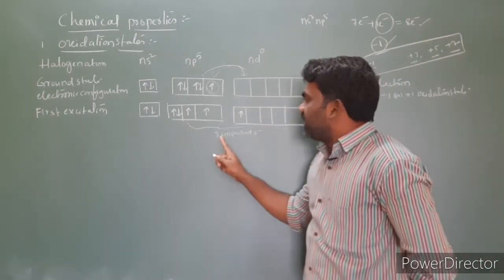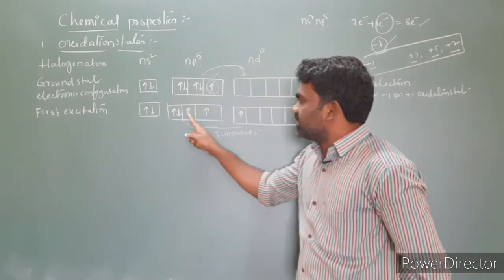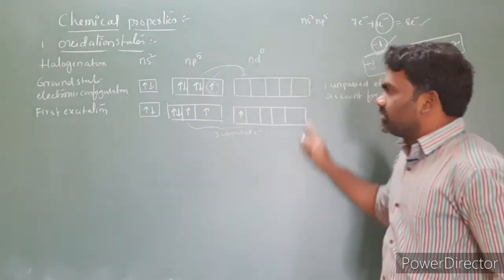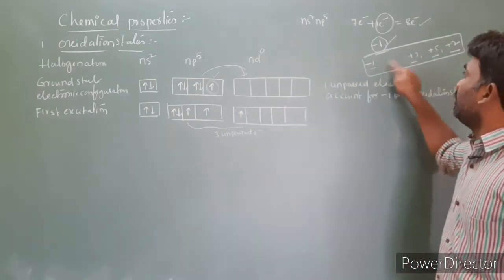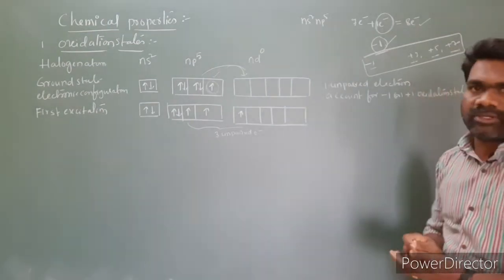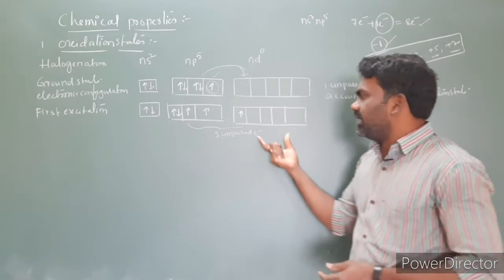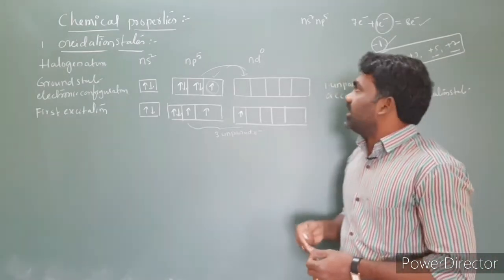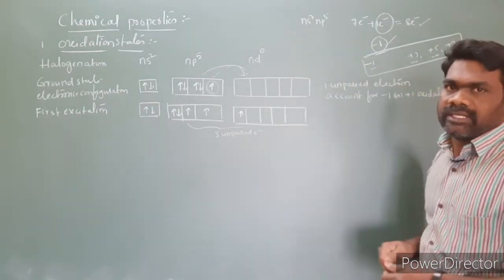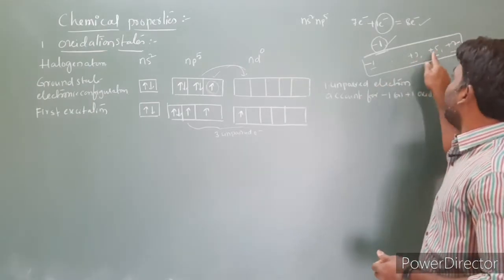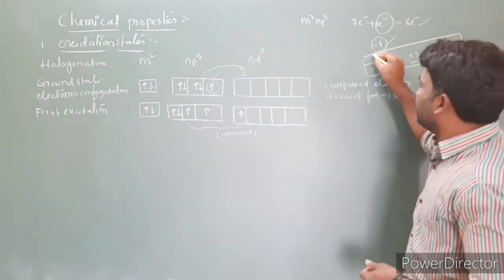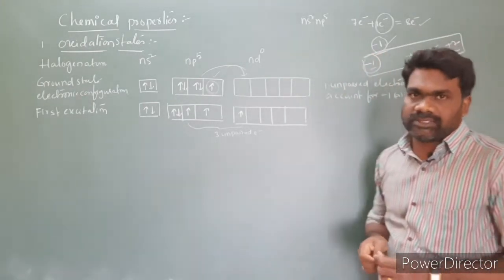The +3 oxidation state is because of the presence of 3 unpaired electrons. Fluorine cannot show +3, +5, +7 oxidation states because it does not have any d orbital. Because of the absence of d orbitals, fluorine exhibits only the -1 oxidation state.